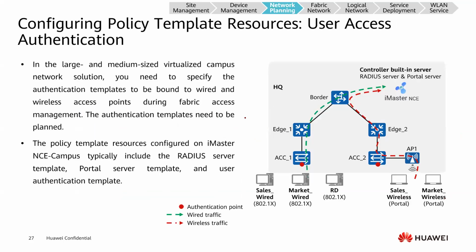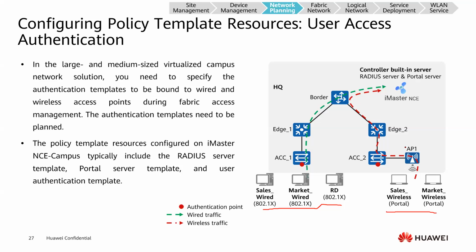Okay, so we have just mentioned you need to create the authentication template, the service template for the users to go through the authentication process. In our experiment, our users are the wired users and the wireless users. For the wired users, we only use 802.1x authentication, and for the wireless users, we will use portal authentication.